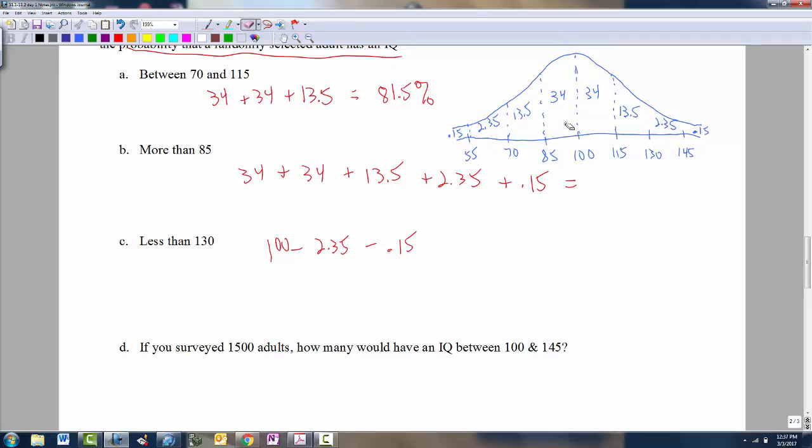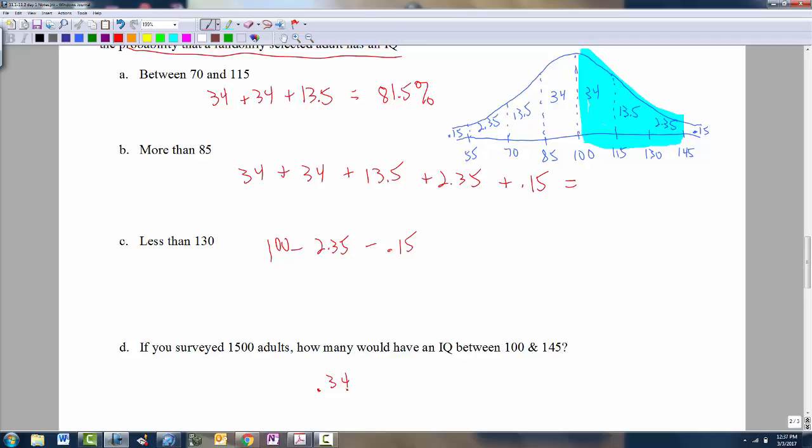All right, IQ between 100 and 145. But look at what it says. If you select and survey 1,500 adults, how many would have an IQ between 100 and 145? Well, this one we better turn these into decimals, because that's how you deal with percents when you have to multiply.